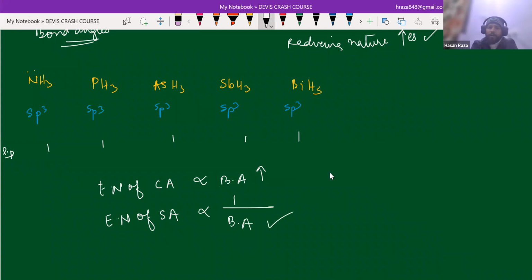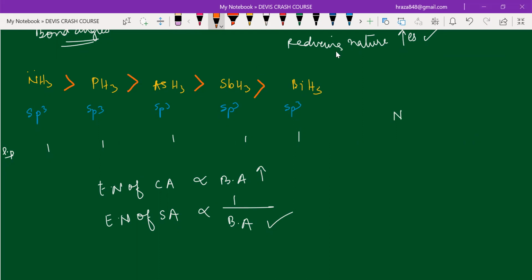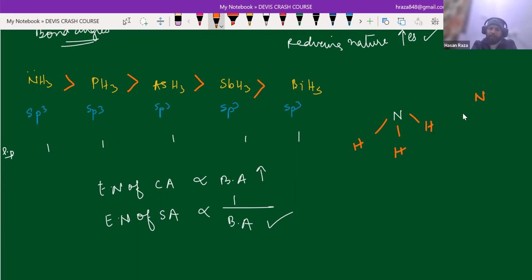So if I ask you which one will be highest in bond angle, this will be the order. If I ask you to calculate which one will have the greater bond angle, first you need to calculate the hybridization, and you will see it is sp3 as well as sp3 for the other.